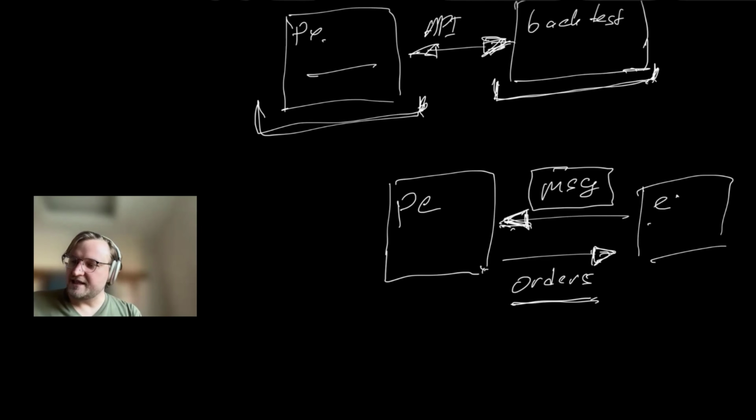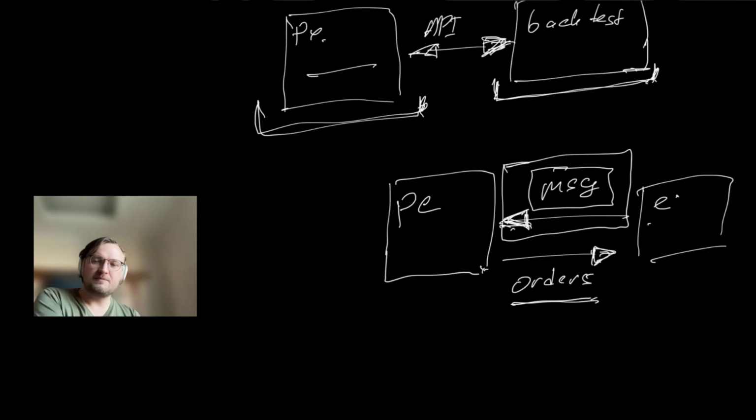So in the backtest, we will simulate this part. We'll feed the core of the backtest with some messages that are pre-recorded. Those are market data, right? We will feed it with those. And this backtest will simulate what it would do if it were this trading computer.